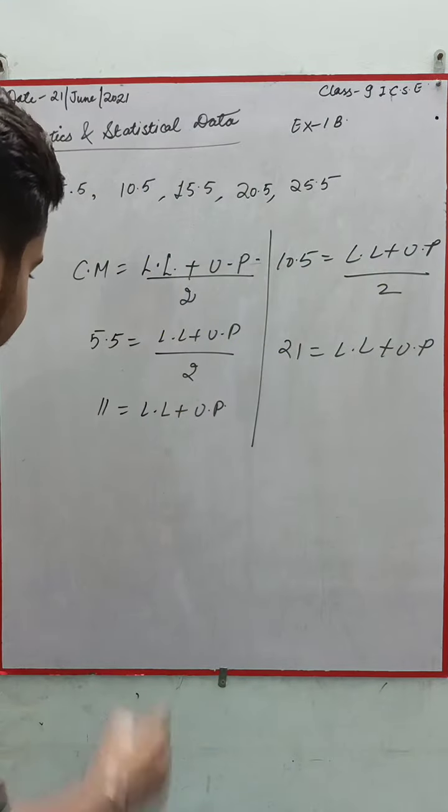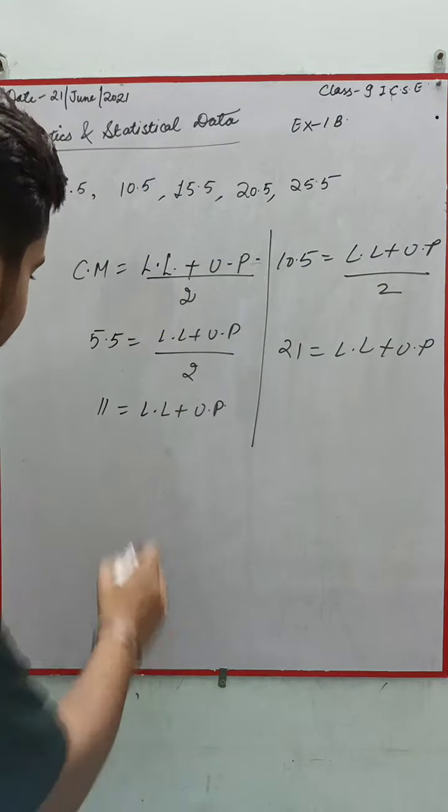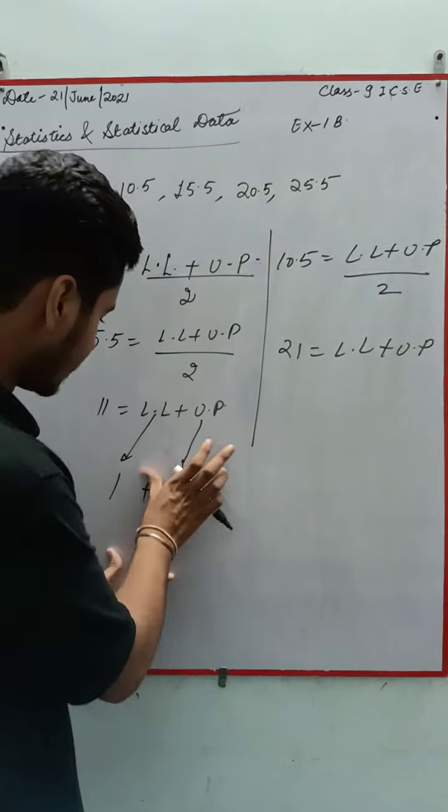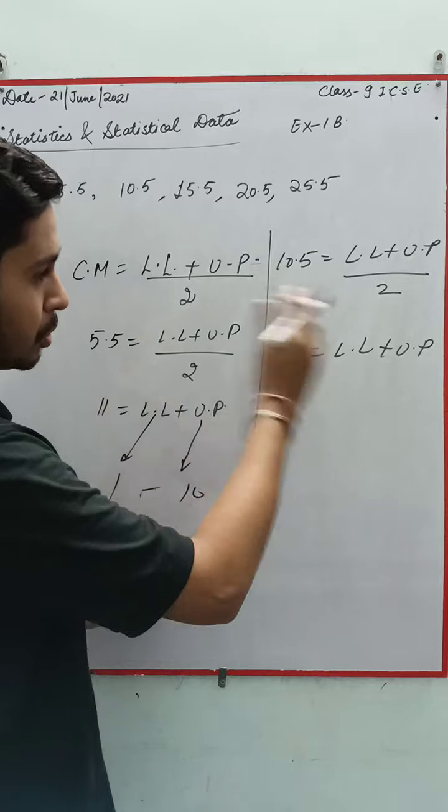If we take 1 and 10, for sure 1 plus 10 gives us 11. With lower limit 1 and upper limit 10, I get 11 and the middle number 5.5. Keeping in mind this interval 1 to 10, let us go to the next one.